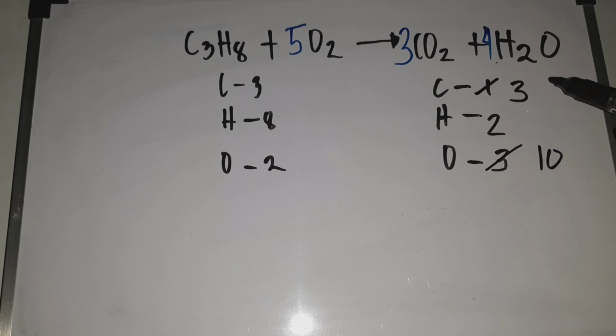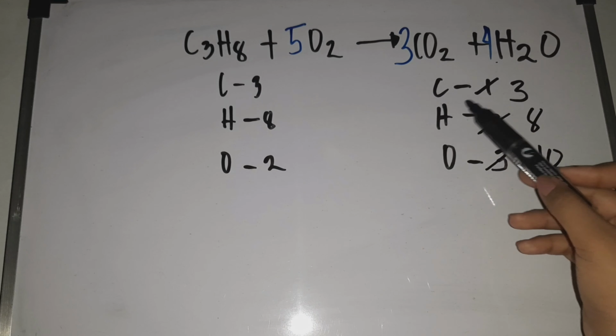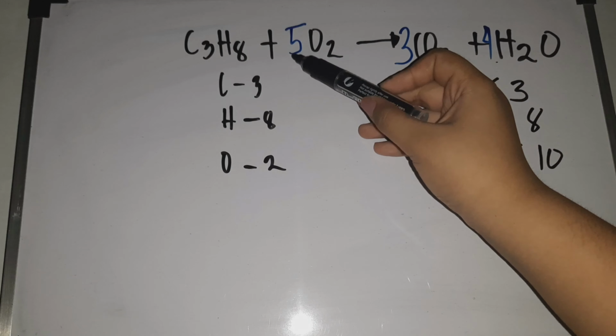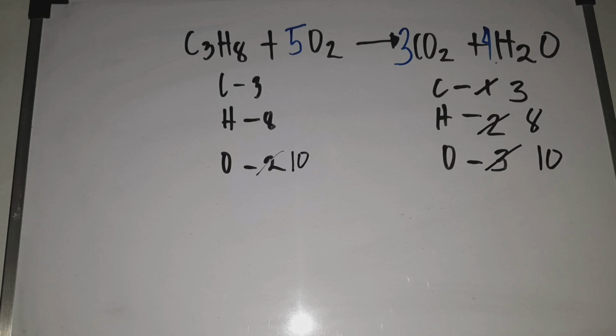And then the hydrogen will be 4 times 2 is 8. To balance the oxygen, 5 times 2 is 10. So therefore, we now have a ratio.